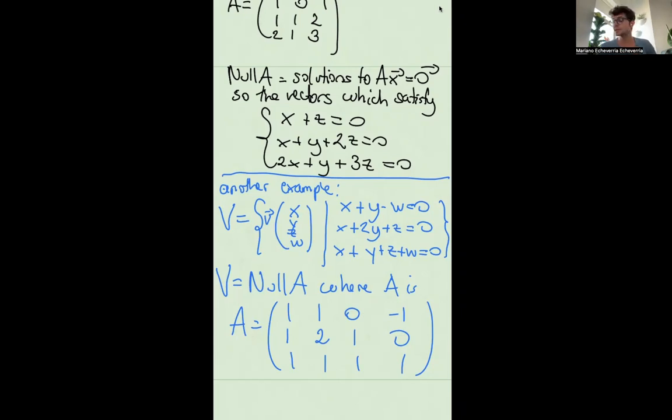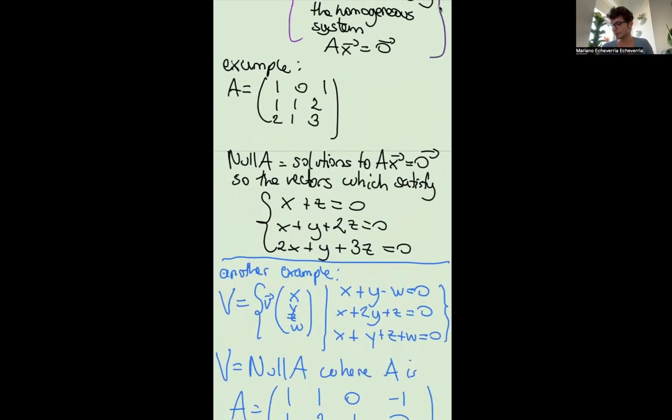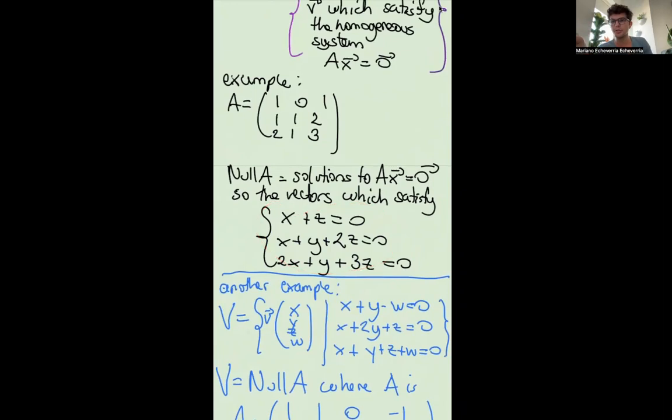So what happens in general, if I ask you to find a basis for this vector space, or for the previous one, literally what that means is to reduce the matrices, so that you can solve for the variables in the most efficient way.